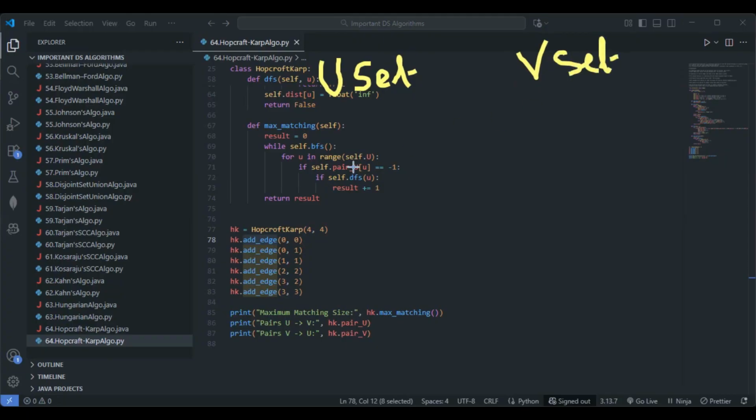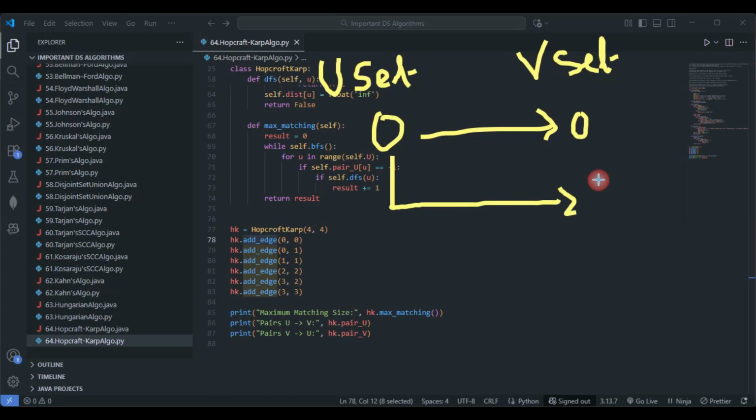From 0 we go to 0, so this one will go like this, 0 to 0. Next we go with 0 to 1, in the same way. Then from 1 to 1. Next we consider 2 to 2.